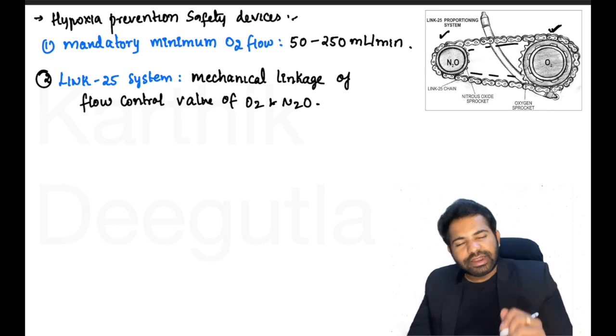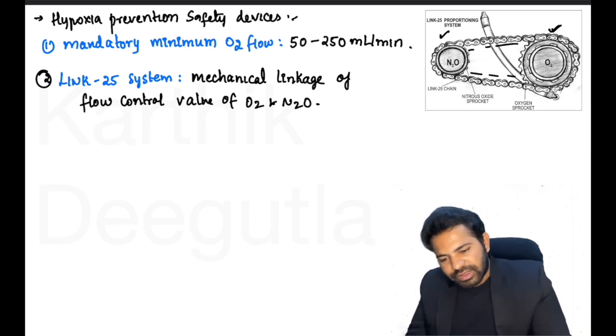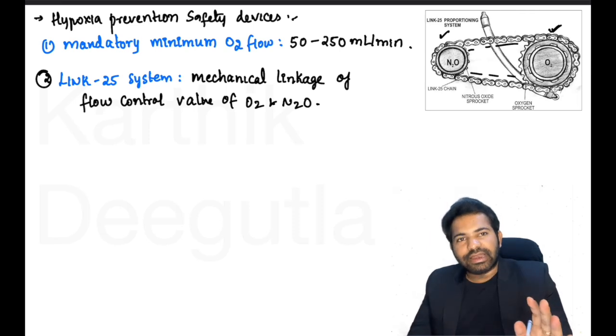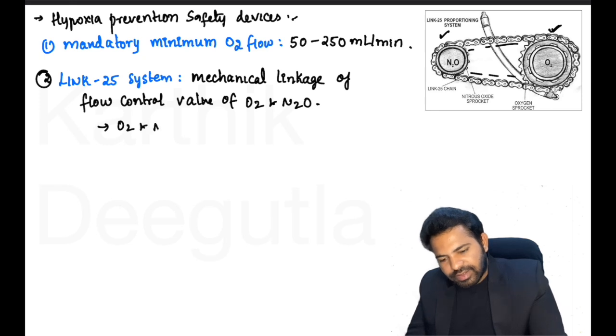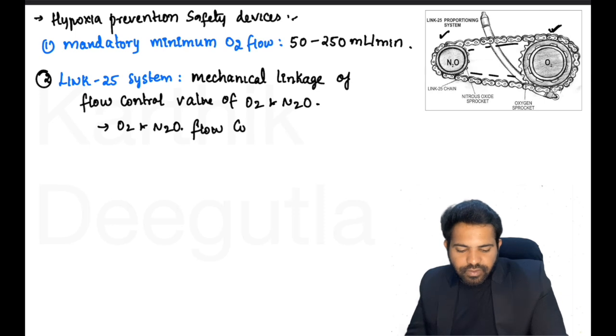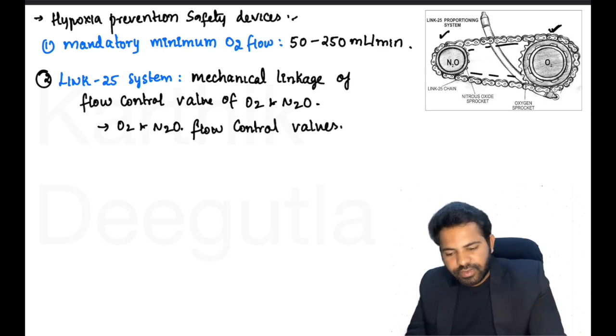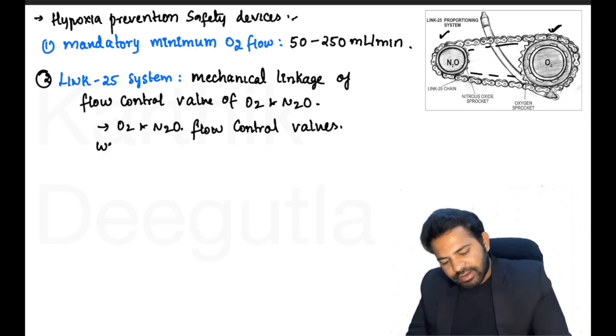They will rotate at a ratio so that the minimum oxygen ratio will be maintained. Oxygen and nitrous oxide flow control valves will turn together.